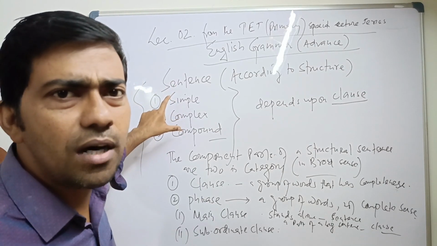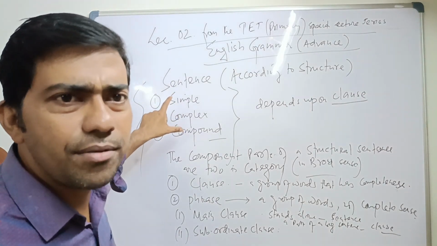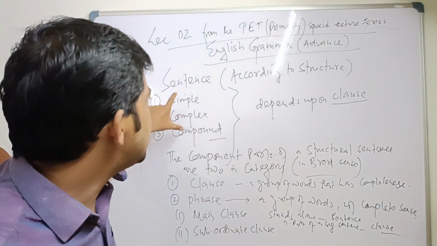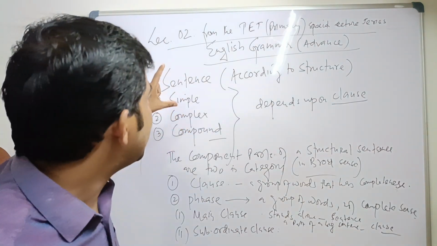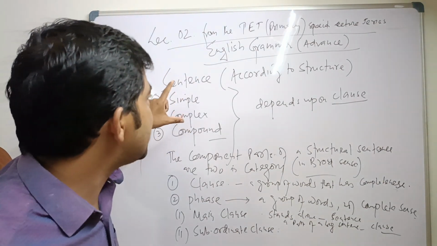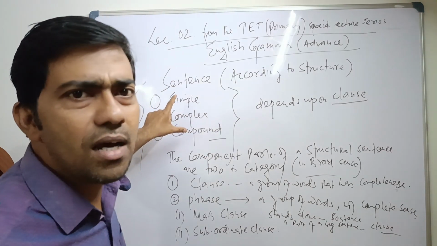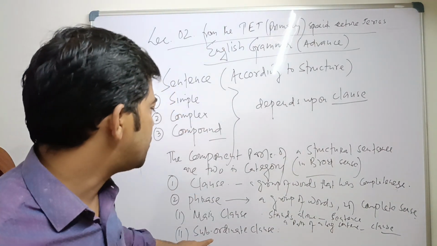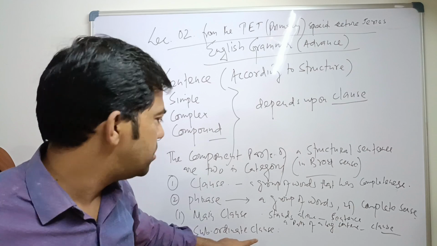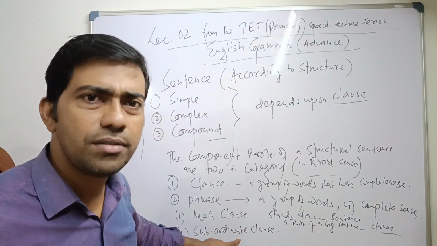All right, now the main important part is the subordinate clause, from where these three terms come, or we can say in other words that these three classifications are totally dependent on subordinate clauses.